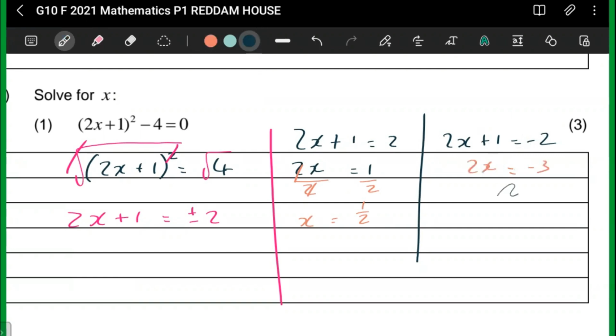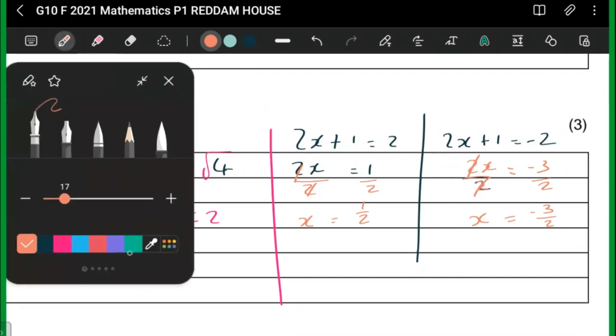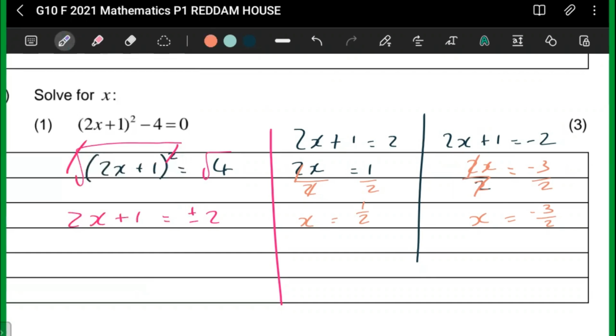And then you're going to divide by 2 on both sides. You're going to have your x is equal to negative 3 over 2. These are your 2 answers for x. They're both valid. They're both okay. You keep things moving.